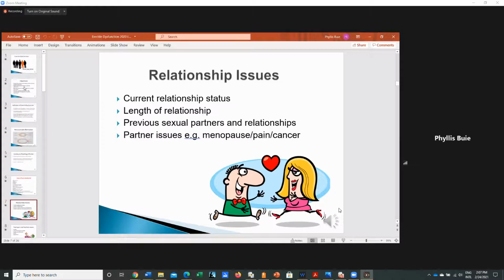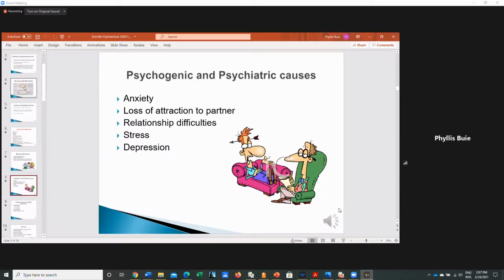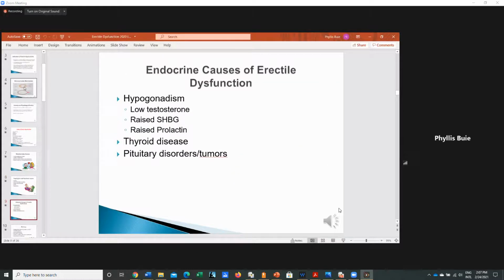So it can be a combination of things. And we've also talked a little bit about the psychogenic and the psychiatric causes that can occur with erectile dysfunction, relationship difficulties. Maybe they've lost the attraction to their partner. Maybe they've suddenly become depressed, or maybe something has happened in their life that has caused them to become depressed.